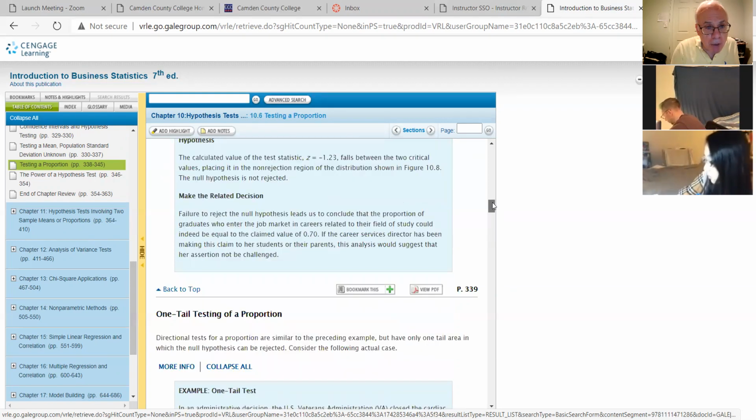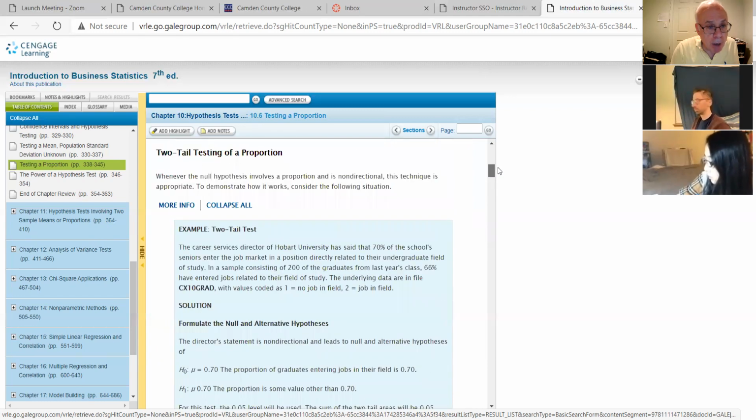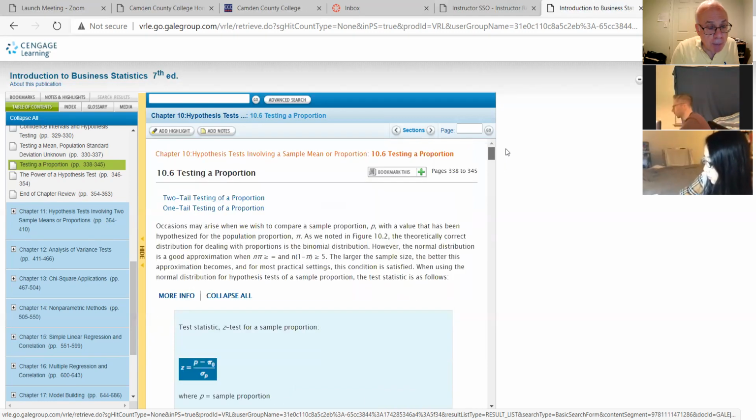So step number 1 is to have our null and alternative hypothesis. That's the first step. And then step number 2, doesn't mention it here, but we have to establish that we can use an approximately normal distribution for our sampling distribution.